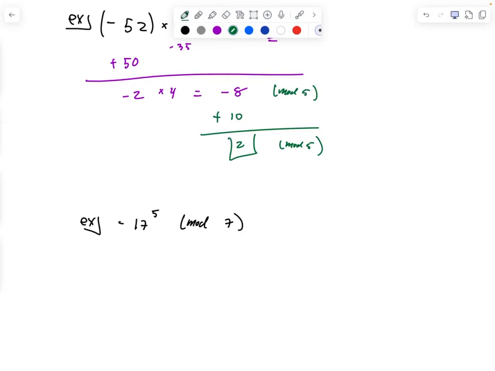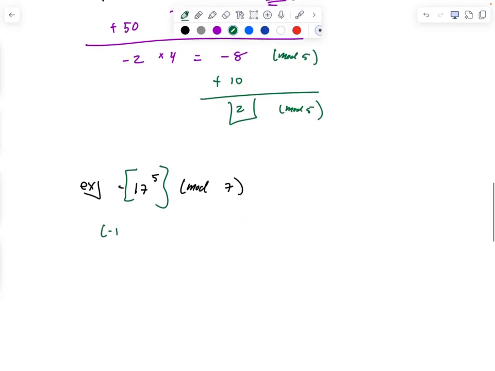Now, this is actually negative and then the 17, so the negative is just at the very end. Don't think this is (negative 17) to the 5th. This is technically negative 1 times 17 times 17 times 17 times 17 times 17. That's what it technically is.